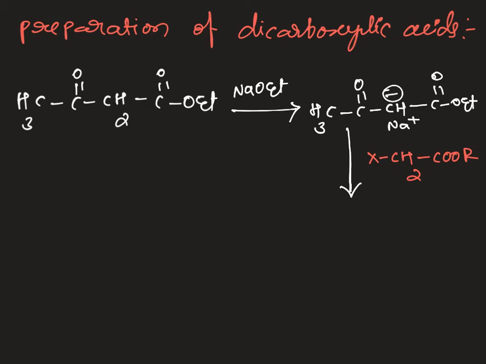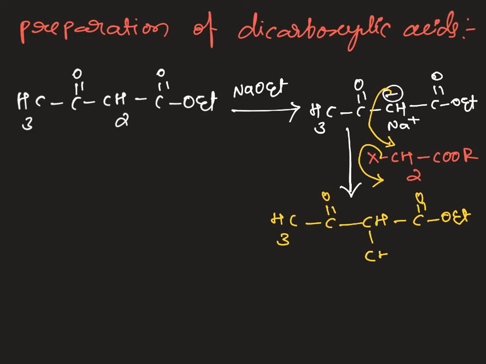Once it forms an enolate, which acts as a nucleophile, X will leave. Here again it is a substitution reaction, and we get the substituted product with OEt and CH2COOR, which is coming from the ester.